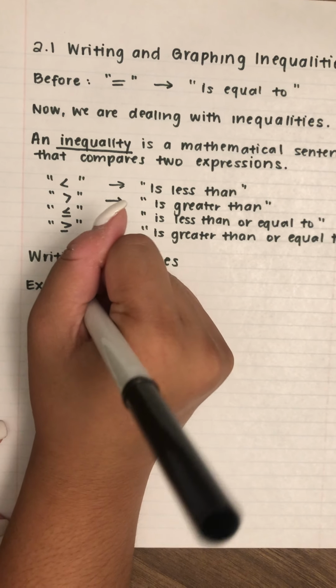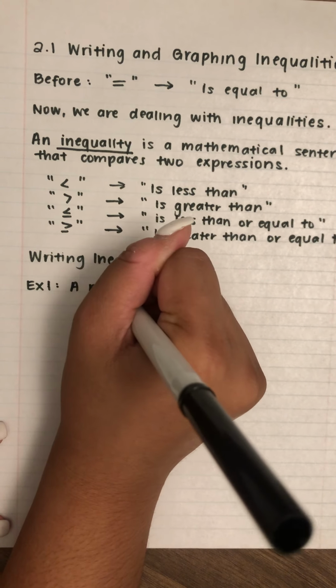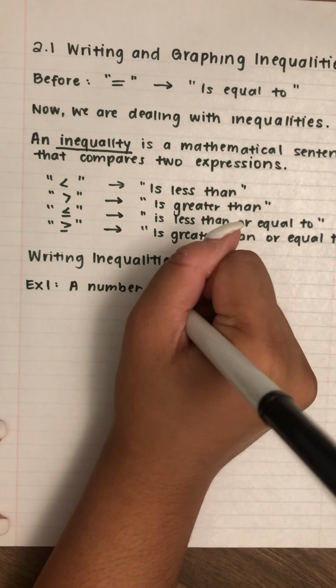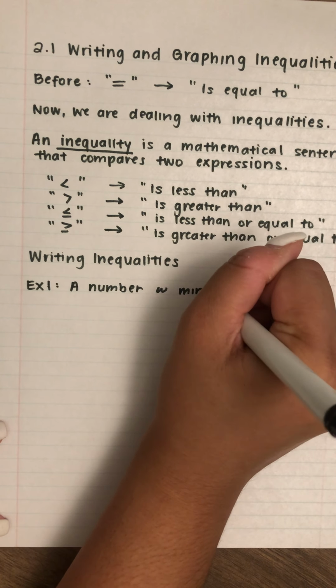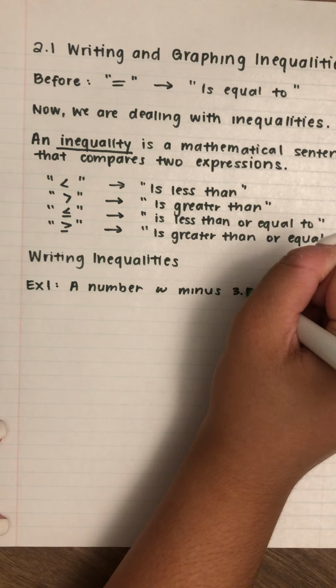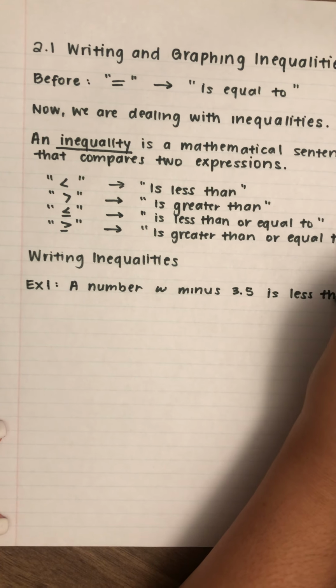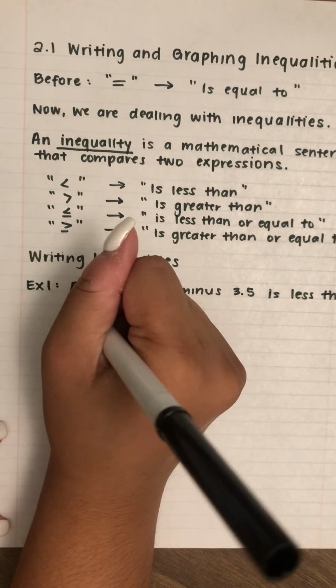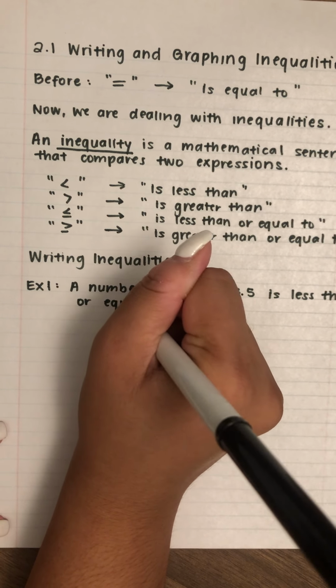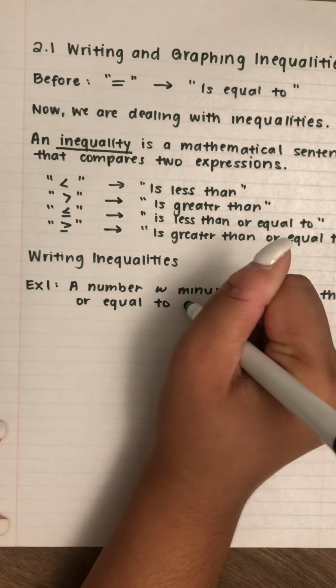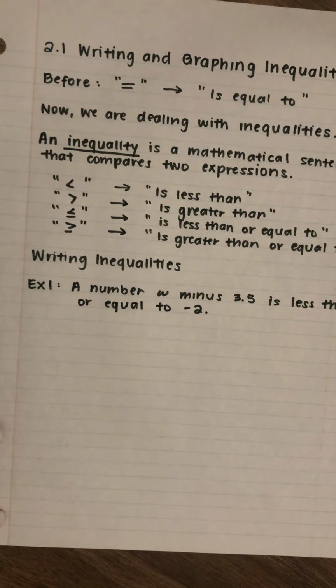We have our sentence, a number W minus 3.5 is less than or equal to -2.